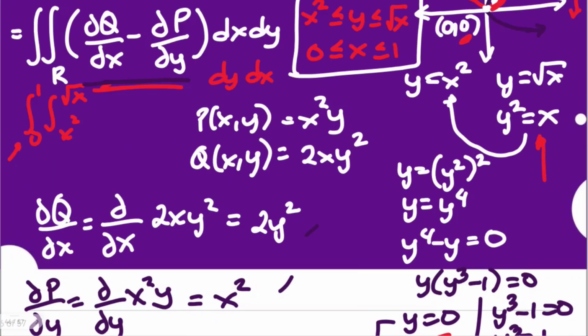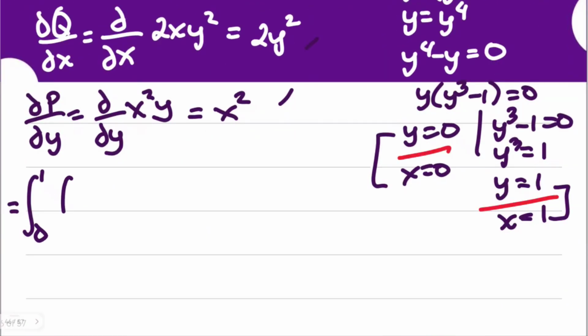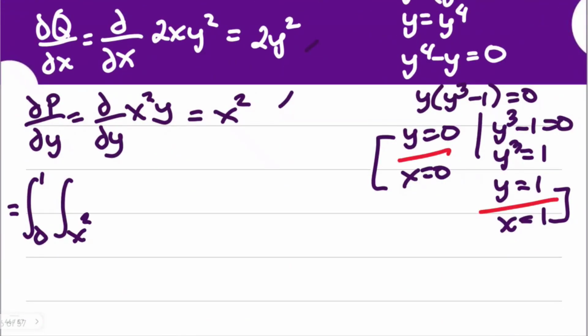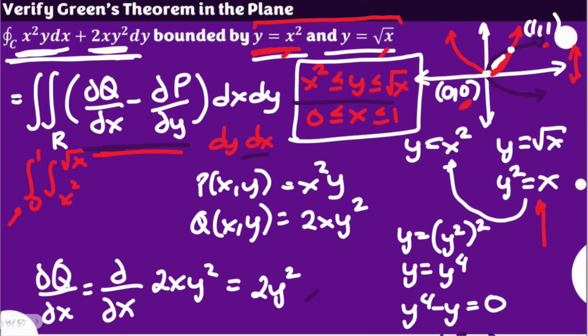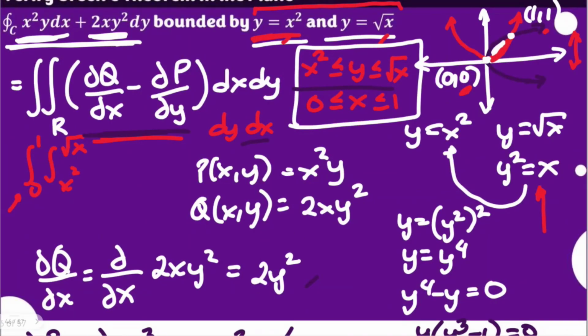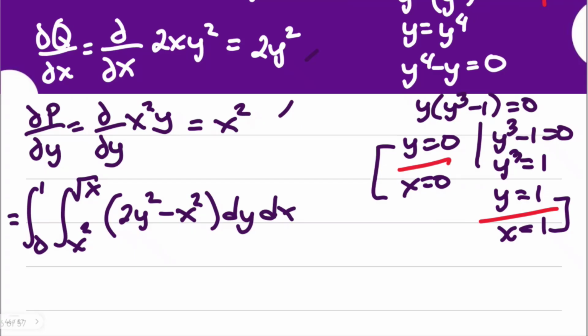So again, the outer boundary for your dx is 0 to 1, and the inner is for your y, x squared to square root of x, of the difference of the partial derivative of q with respect to x and partial derivative of p with respect to y. 2y squared minus x squared, and again you will have to have dy and dx here.